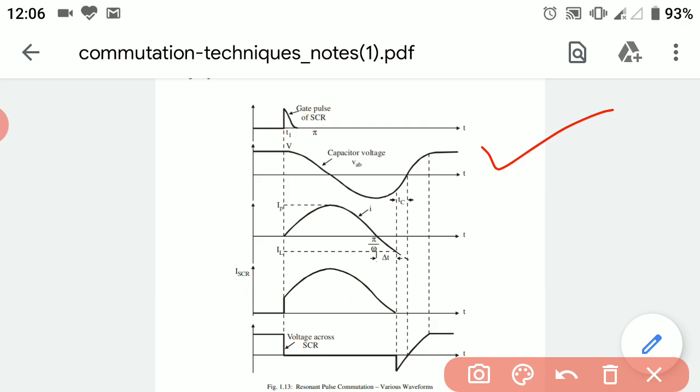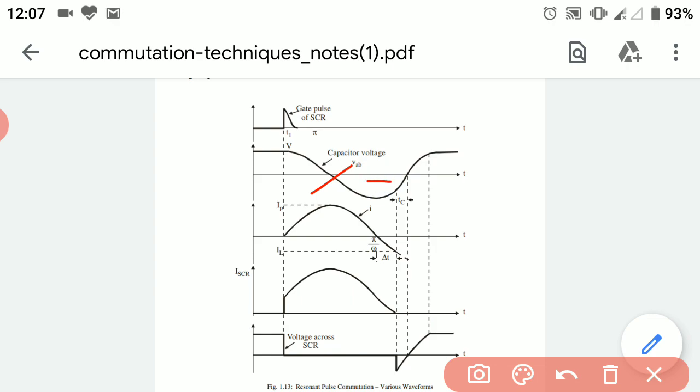Earlier the capacitor has positive voltage, that is, A is at positive polarity and B plate is at negative polarity. After this instant, the capacitor voltage polarity reverses its direction, that is negative polarity.